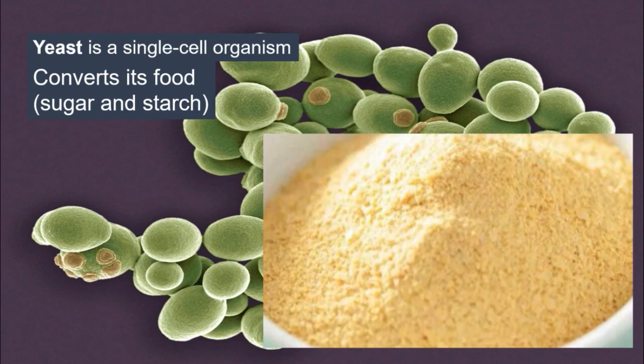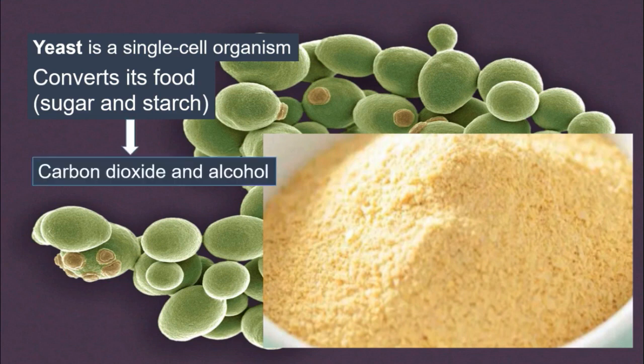So this yeast converts this sugar and starch, which is its food on which it survives, into carbon dioxide and alcohol, right? Sometimes acid also. This entire process is called fermentation.